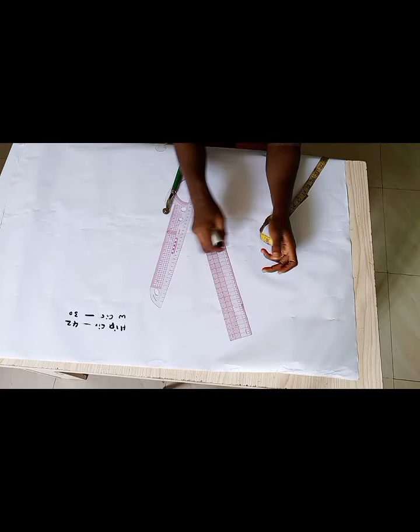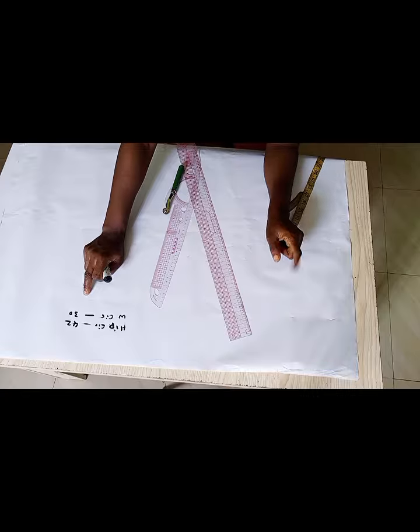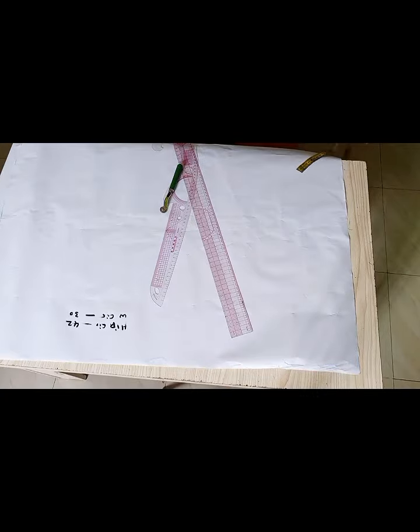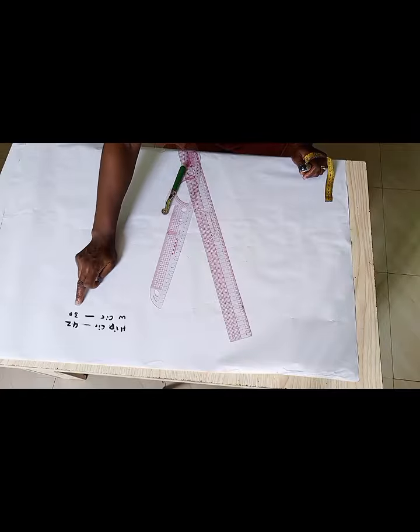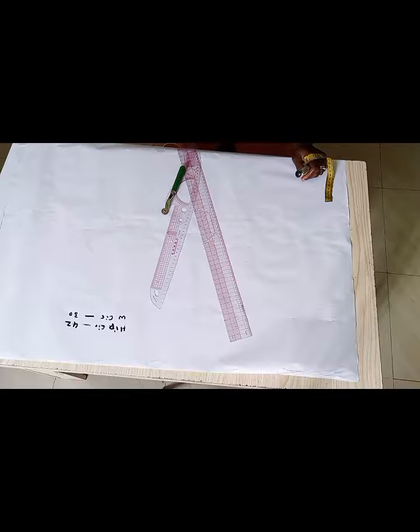For a basic trouser, the waist circumference is your lower waist. That is the point around your navel. So you measure around your navel area to get this measurement. My waist circumference is 30, so you just measure around that area.